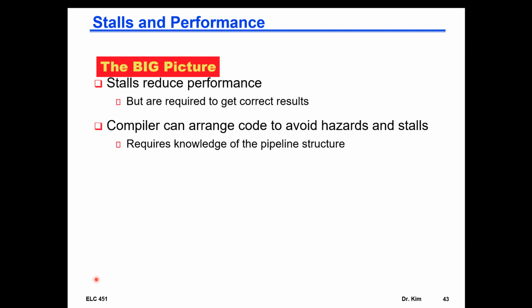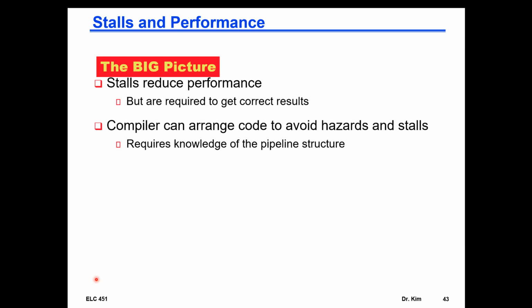And of course that every time you stall, that's a cycle where nothing is happening. So that's going to degrade your performance. So you want to minimize that. And sometimes you can, but the idea is that you want to minimize that. One way to do that is by the compiler rearranging code so that you essentially rearrange instructions to insert an instruction with no dependency into what otherwise would have been a stall cycle.